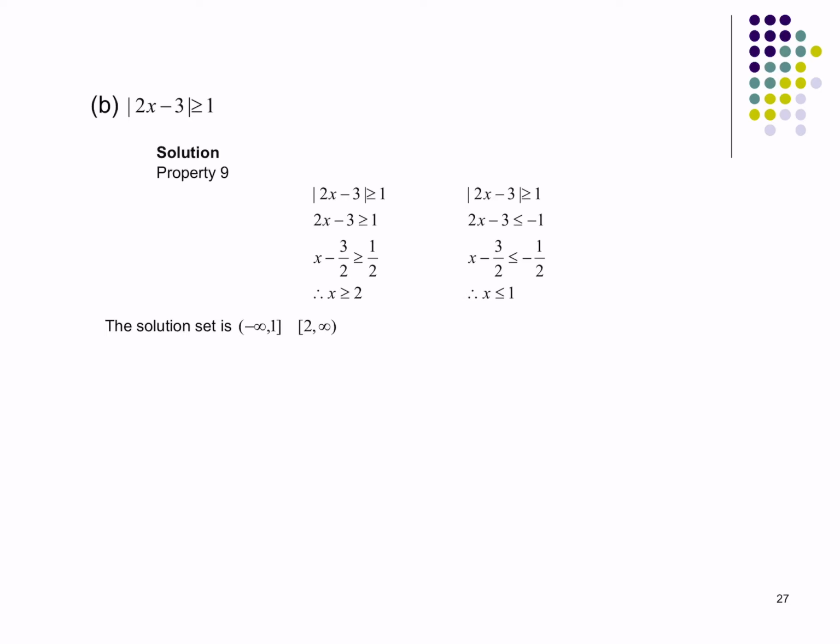In property number 9, it says that 2x minus 3 is greater than or equal to 1, or it must be less than or equal to minus 1. So you will have two solutions for x.